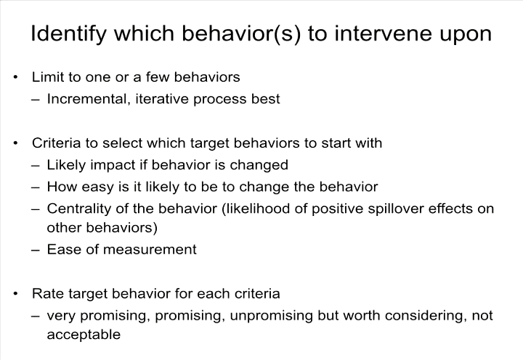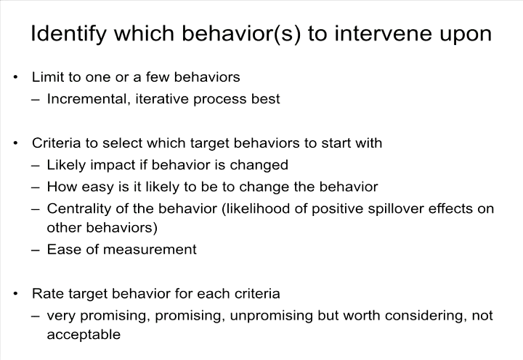So in terms of figuring out which ones to start with, think about the likely impact if that behavior is changed. If you have evidence or data from talking to stakeholders that changing a particular behavior is likely to have a large impact on the outcome of interest, then that's low-hanging fruit you should start with first.